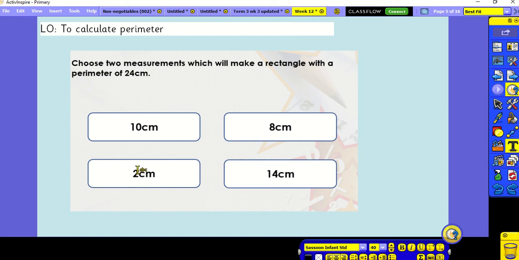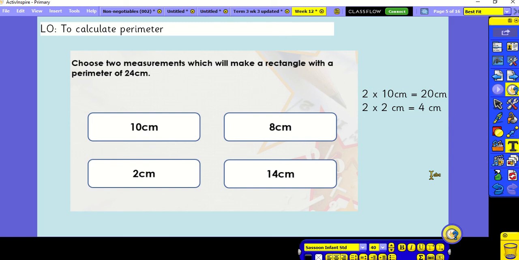So I could have a 2 and a 2. So if I had a rectangle with sides that were 10 centimetres, 2 times 10 centimetres equals 20 centimetres. 2 times 2 centimetres equals 4 centimetres. And 20 centimetres add 4 centimetres equals 24. Lovely.